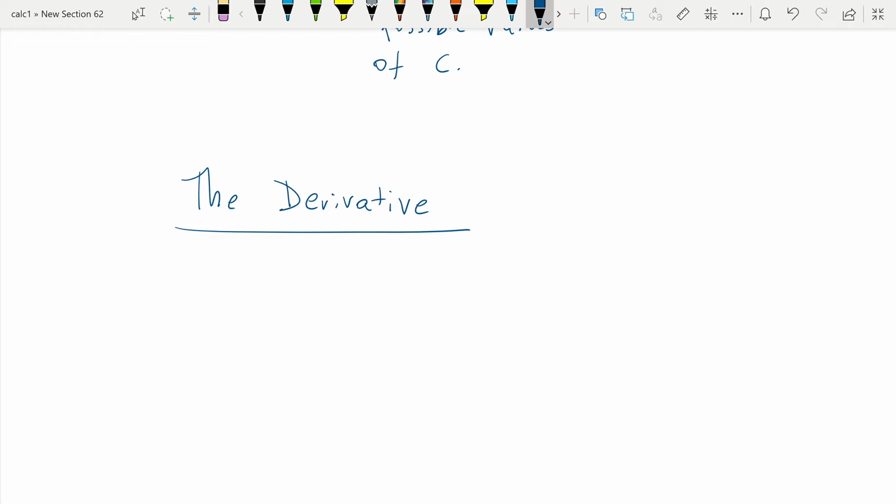For instance, people tend to think that if g prime at a point A is greater than 0, then g is increasing near A. And this is false.